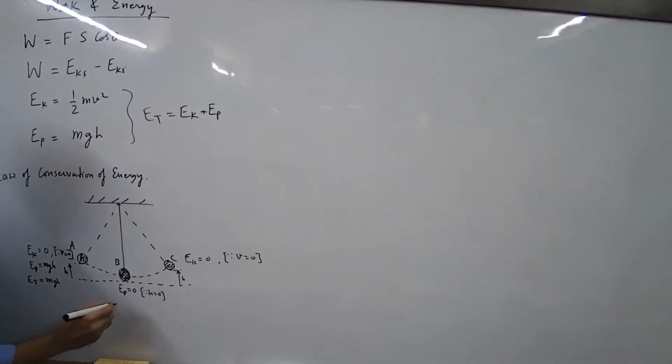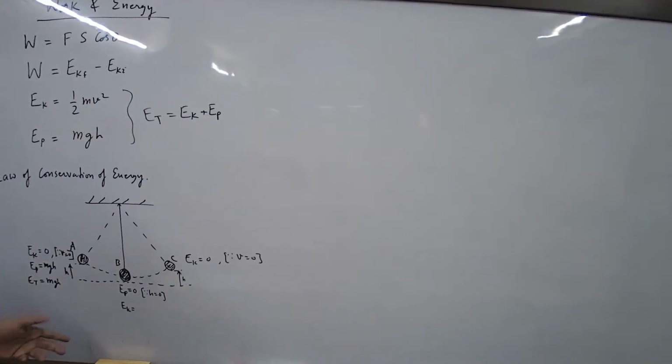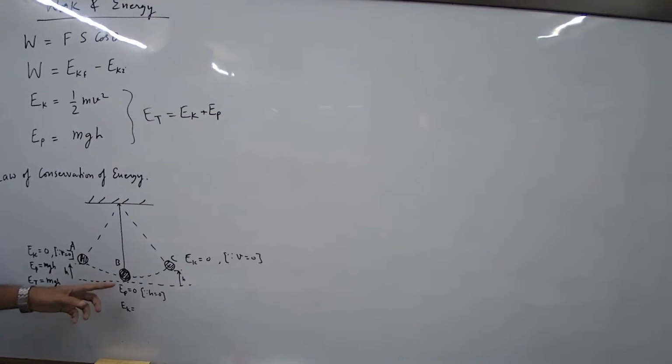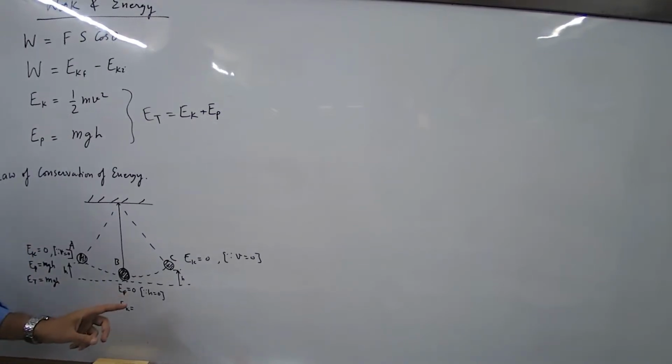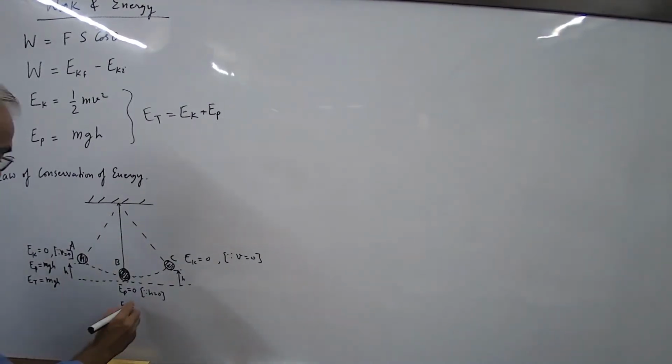What should be Ek then? By conservation of energy, the total energy everywhere throughout should be the same. What is the total energy here? mgh. So to make total energy mgh, Ek must be mgh, because mgh plus 0 is mgh. So whatever was potential, it got converted into kinetic at the mean position. So this is now mgh.